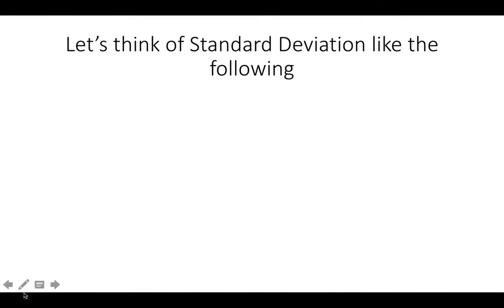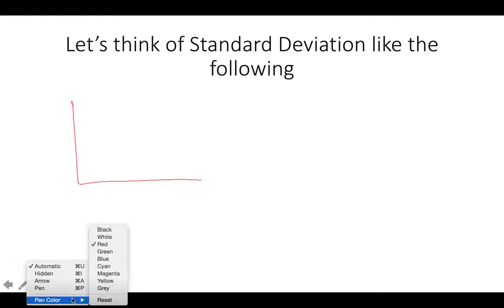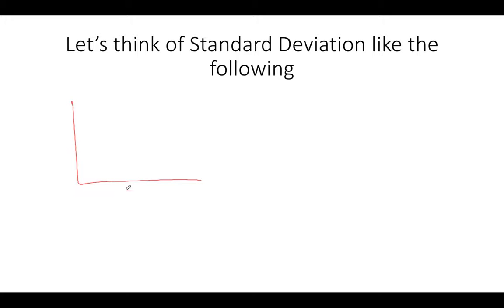Also, think of standard deviation doing the following. Let's say our values of 2, 3, and 4 that we were working with had a mean equal to 3. Let me change colors here. I'm going to draw a number line: 1, 2, 3, 4, and 5.